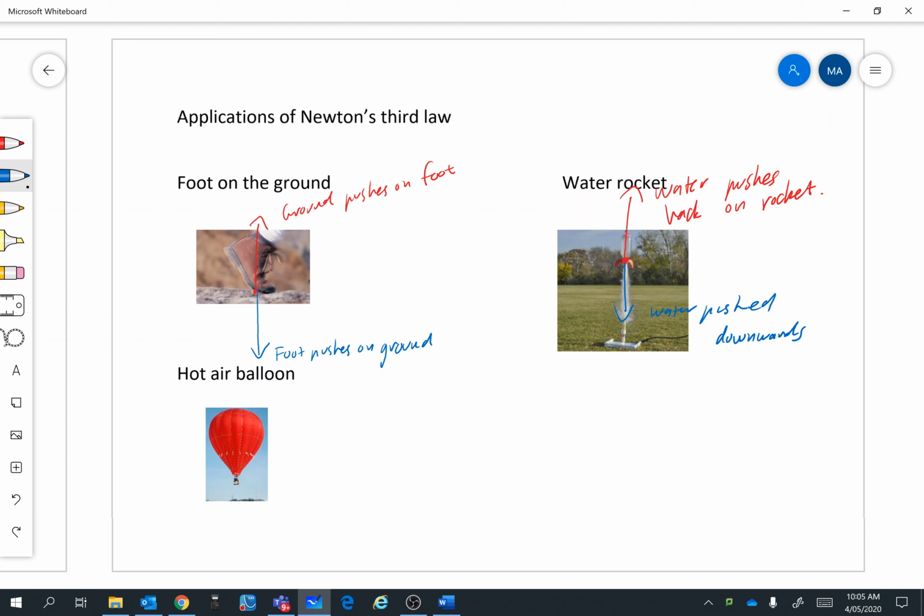So we have air pushing on the inside of the balloon as our action force. So air pushes on balloon. Hot air pushing on the balloon.